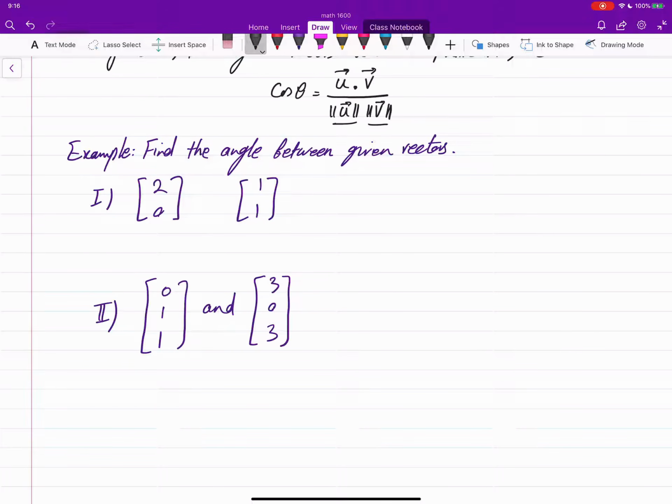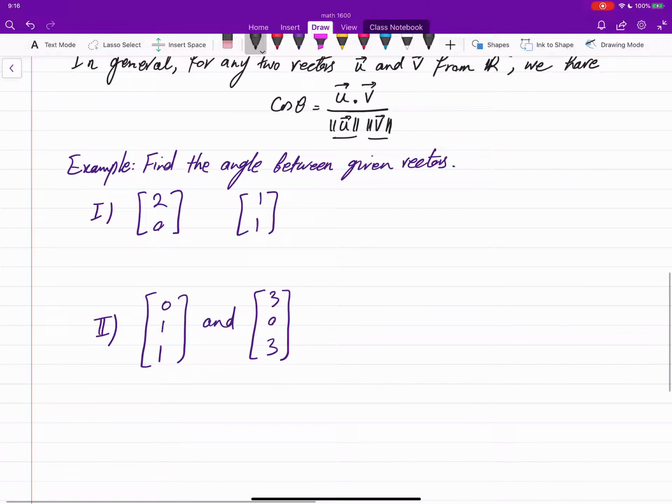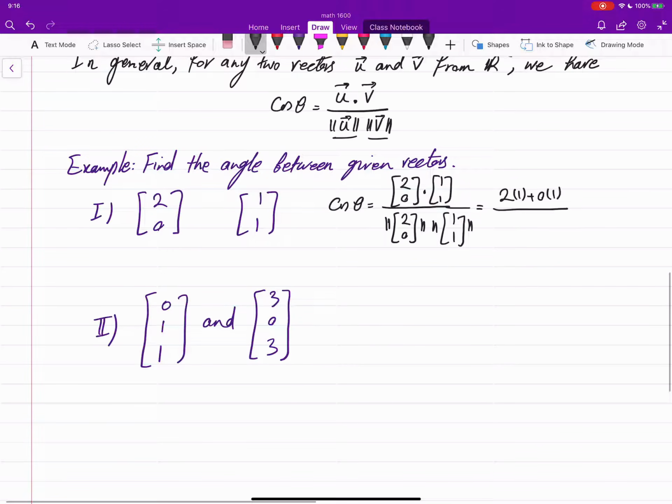Well, let's just find this one. We have to use the formula. Cosine of theta, the angle between, is the dot product of (2, 0) and (1, 1) over the length of (2, 0) times the length of (1, 1). This is 2 times 1 plus 0 times 1. And the length of (2, 0) is root of 2 squared plus 0 squared.